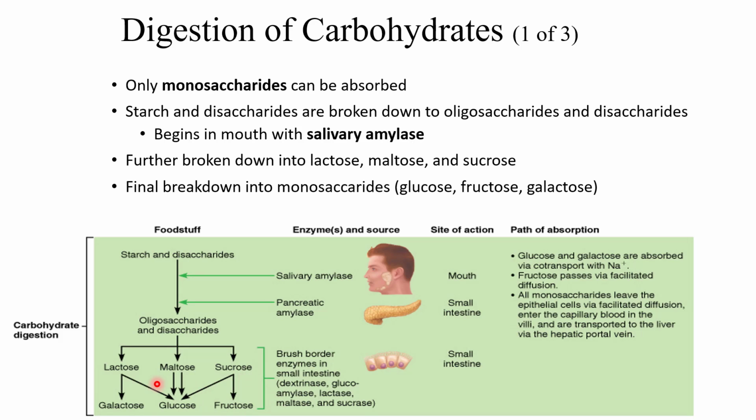All of this is the final digestion touch brought about by lactase, maltase, and sucrase, or dextranase and glucoamylases. These break down disaccharides into monosaccharides, and they all happen in the small intestine.